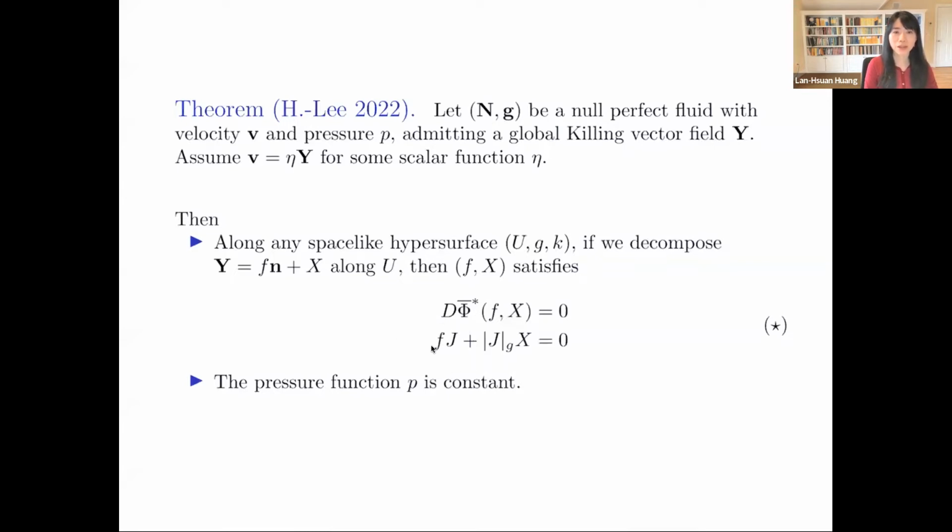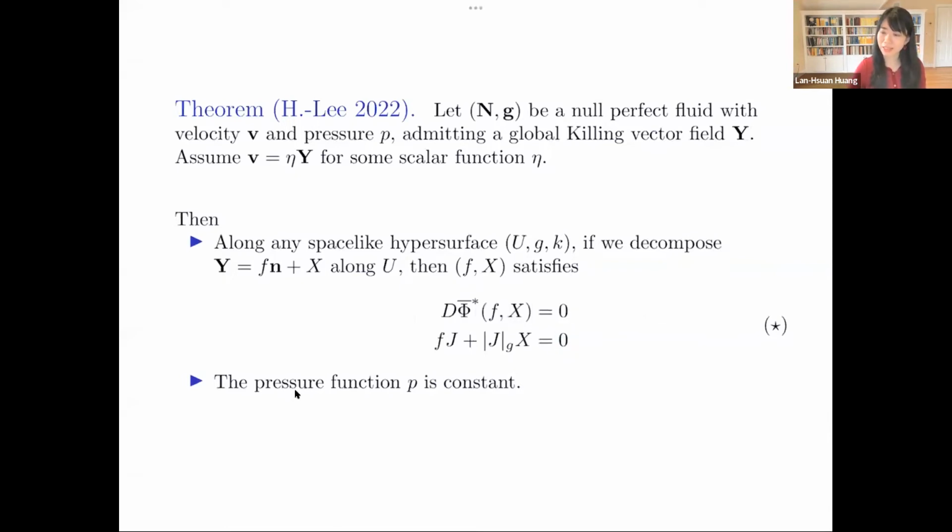It tells you F and X have to point in a very special direction related to J. This equation we give a quite fancy name: we call it the J-null vector equation, because it says in particular that the vector Y will be null in the case J is not zero, and it will point in the direction of J. We also show that under this condition, the pressure function P must be a constant.